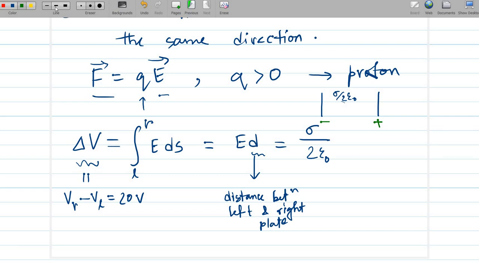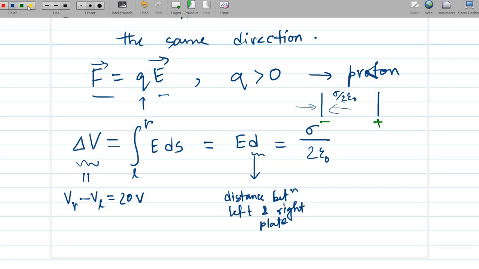That means it must have positive charge compared to the left one. So yeah, the trick we'll have to use once again. So this is the direction of the electric field.